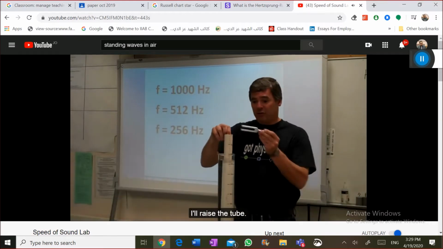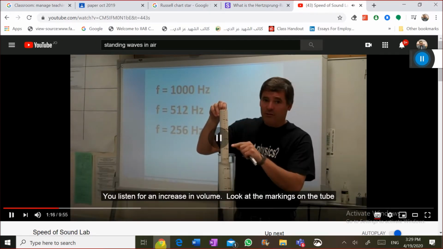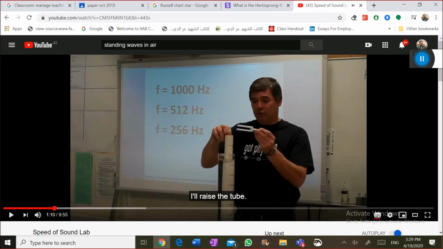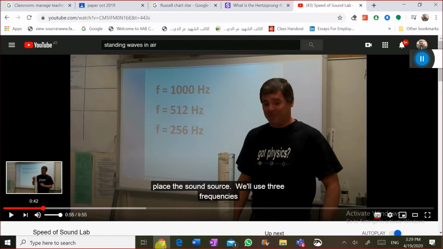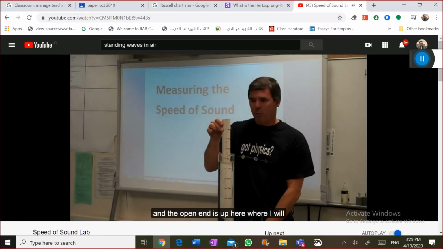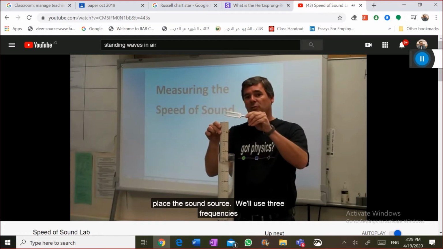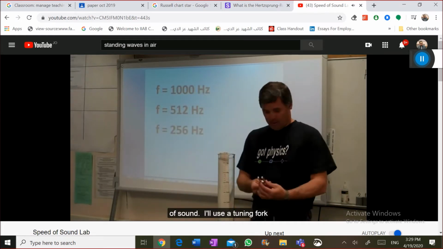I'll raise the tube. You listen for an increase in volume. Look at the markings on the and the open end is up here where I will place the sound source. We'll use 3 frequencies of sound.